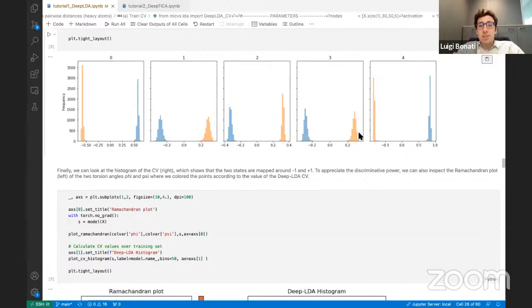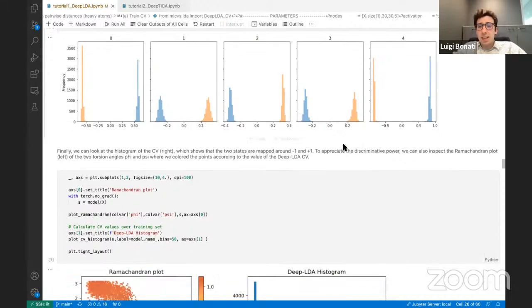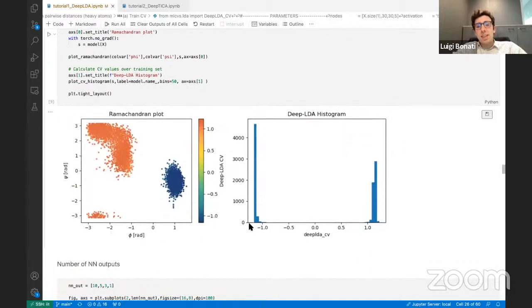Since we have 2 classes, this results in just one collective variable, which is the projection along the LDA eigenvector. As you can see, this results in a very sharp classifier. So we have a model that tells us whether we are in state A or state B.